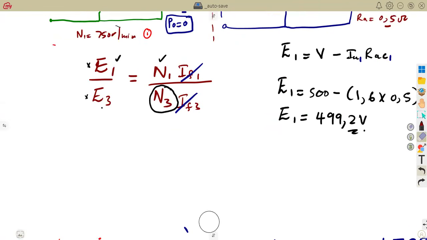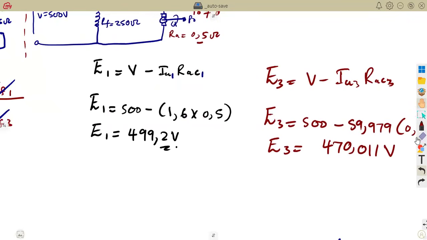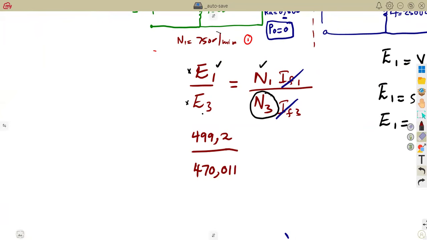E1, as we calculated, is 499.2 over E3, as we calculated, 490.011, which is equal to the speed we had initially at no load, 750, over N3, which is the one we need at maximum efficiency.